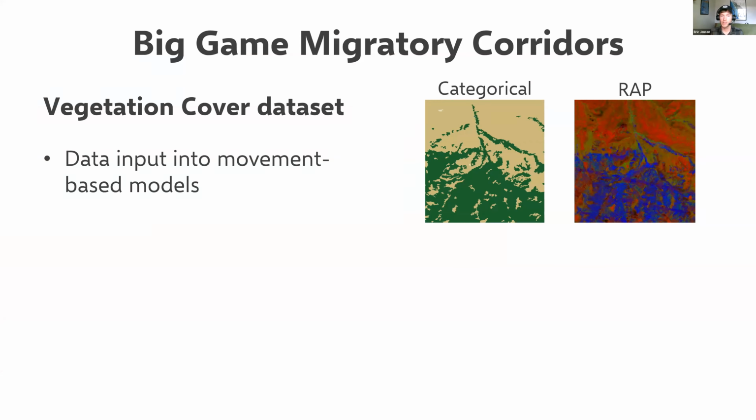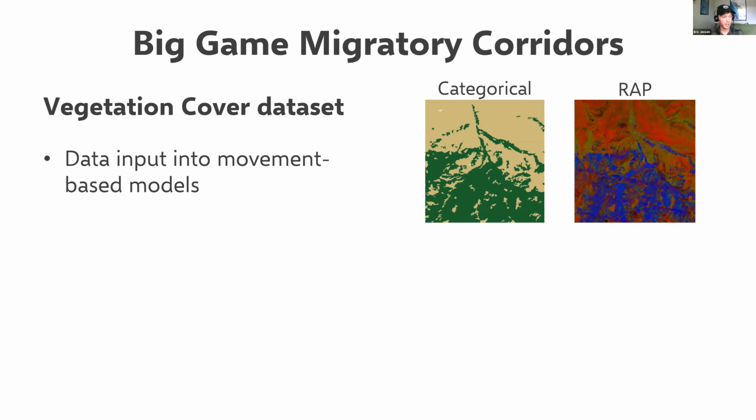And oftentimes it's just using categorical data that classifies locations as shrubs or trees or grassland. With RAP, you can get a much more nuanced perspective of the landscape that these species are observing as they're out on the landscape.